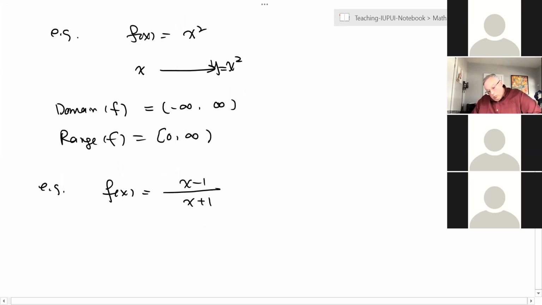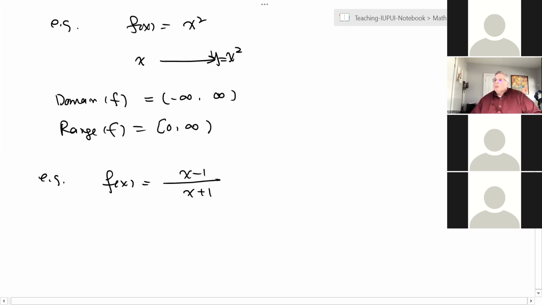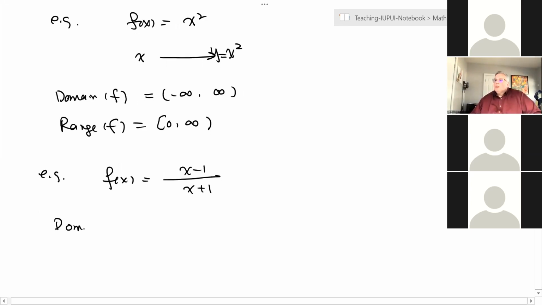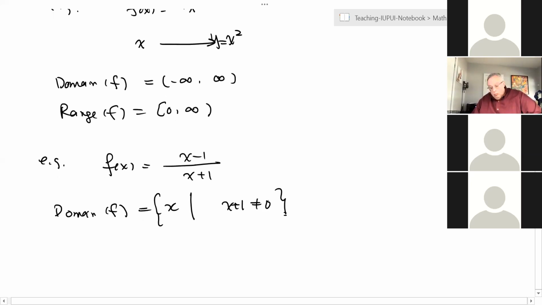By definition, the domain of f is the set of x for which the function is defined. I put the condition there so that f of x is defined. f of x is defined when x plus 1 is not 0. So x cannot be negative 1.